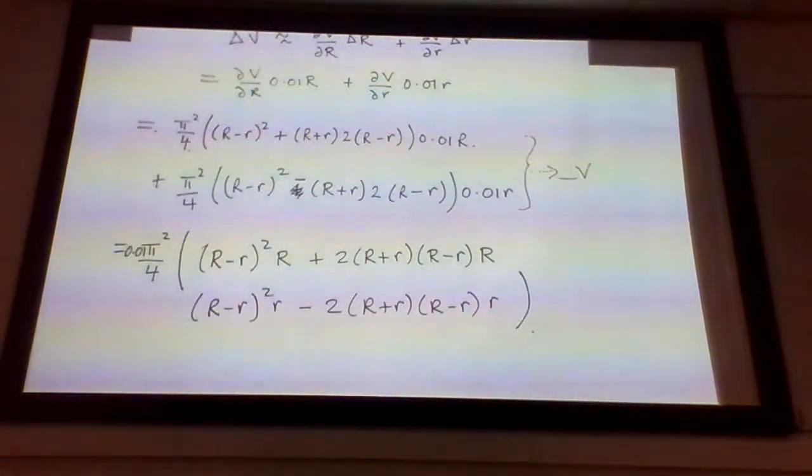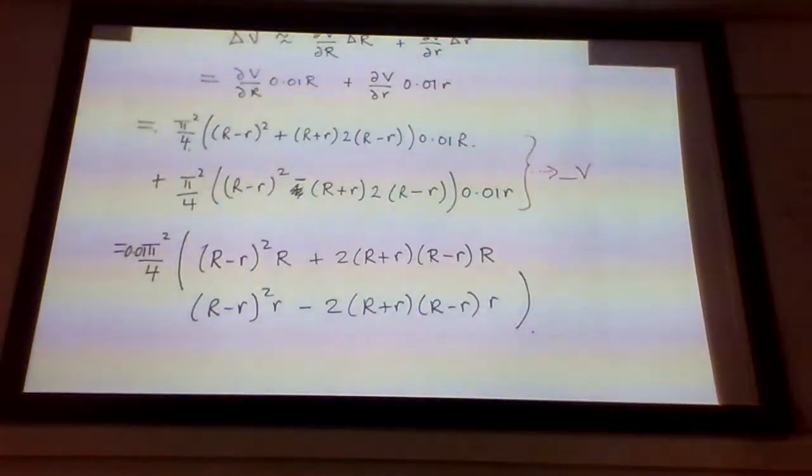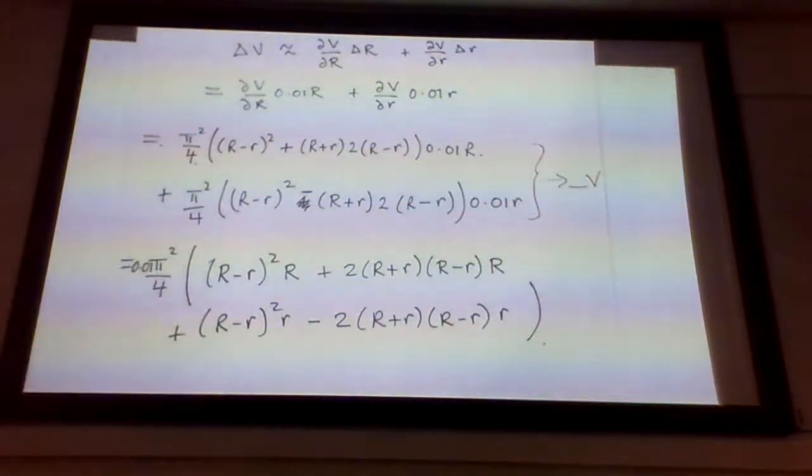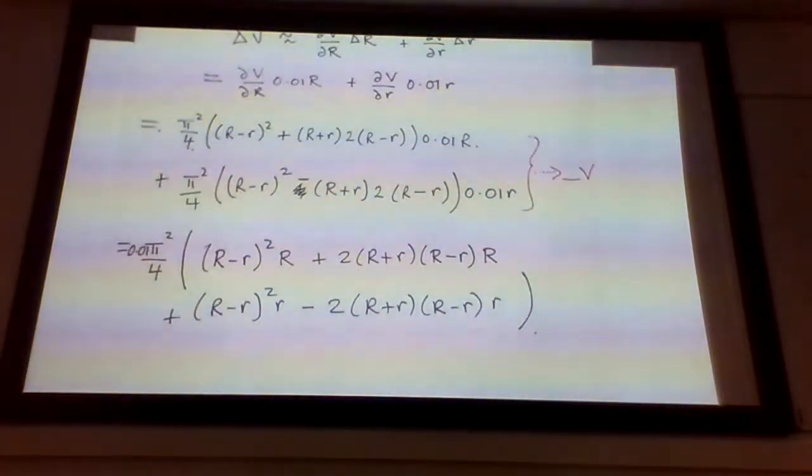So what's the sign between them? Plus. Yes, plus. Okay, so this is looking good. Hopefully we can start to see some things appearing.